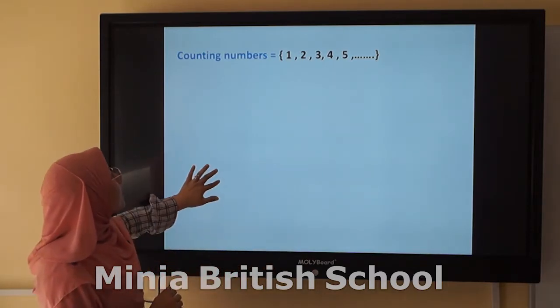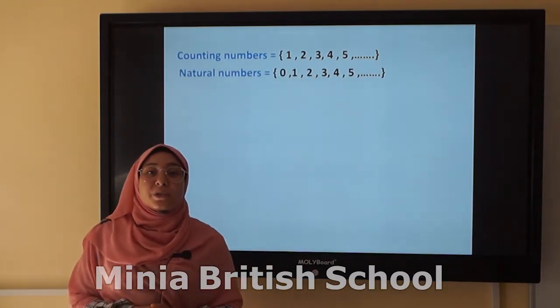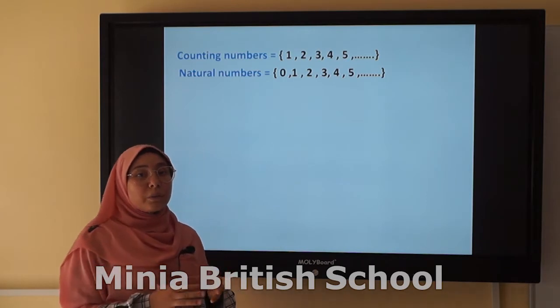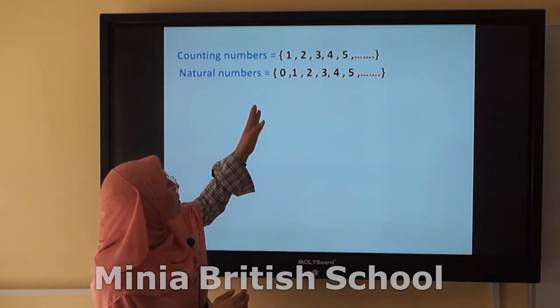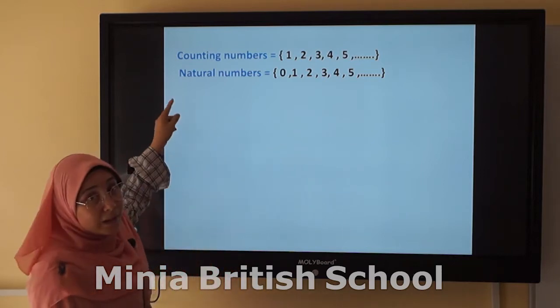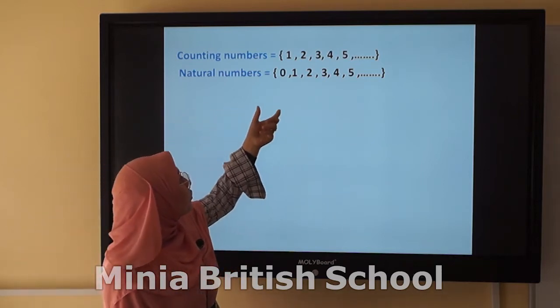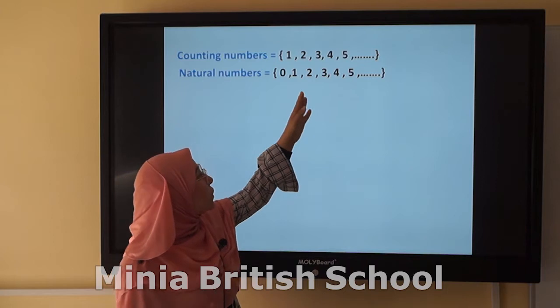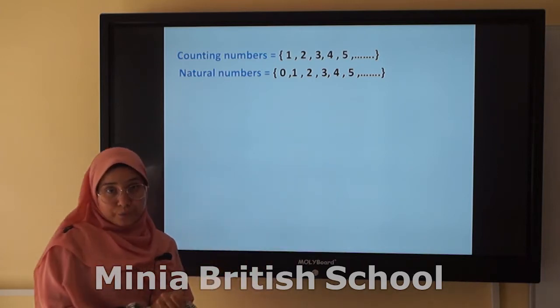The second one, natural numbers, capital N, is a set of elements 0, 1, 2, 3, and so on.